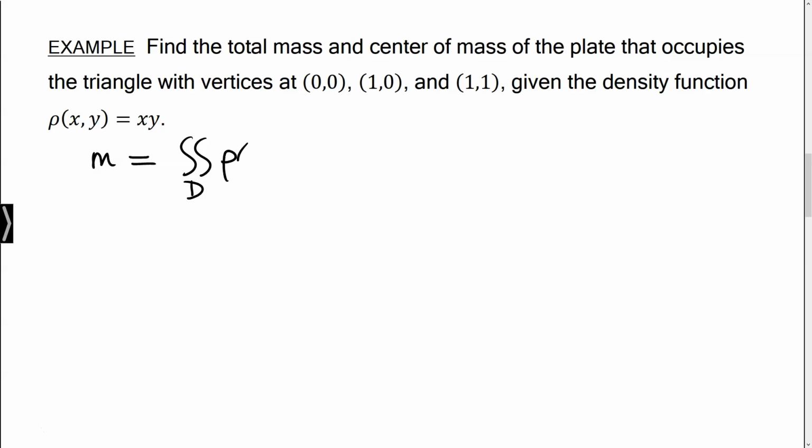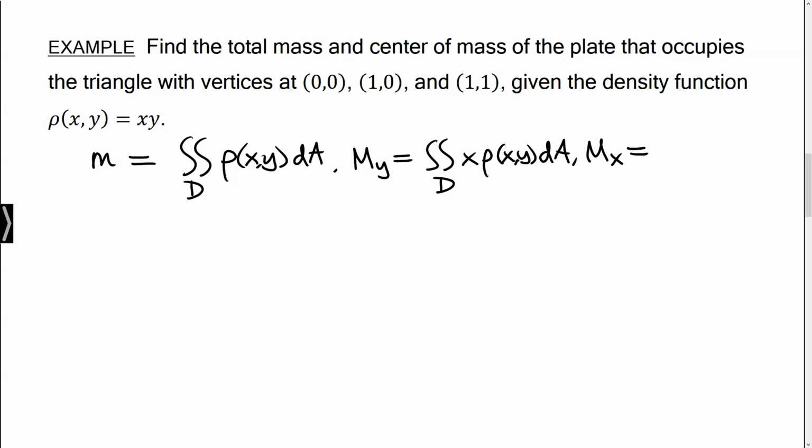It's just the integral of the density function dA. Then we've got m sub y, which is the double integral of x rho of xy dA, and m sub x, the double integral of y rho of xy dA.